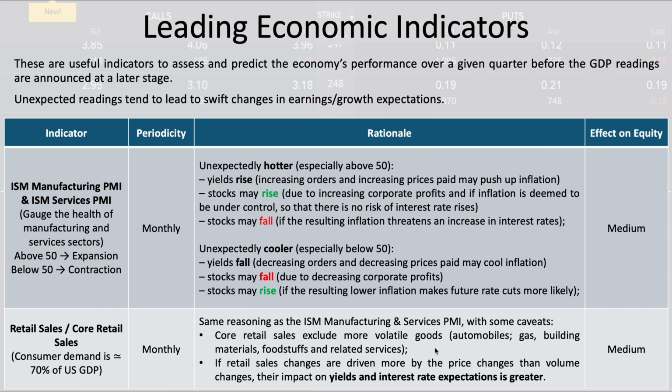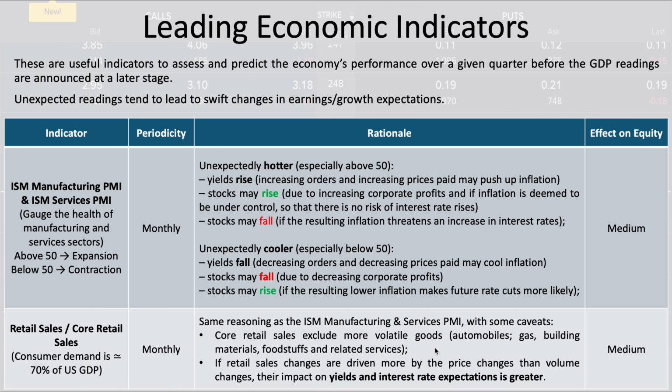When it comes to an unexpectedly cooler reading, especially if it is below 50, so there is a contraction of either the manufacturing or the services, of course, yields tend to fall. This is pretty straightforward. But again, stocks may fall because expected corporate profits are coming down.